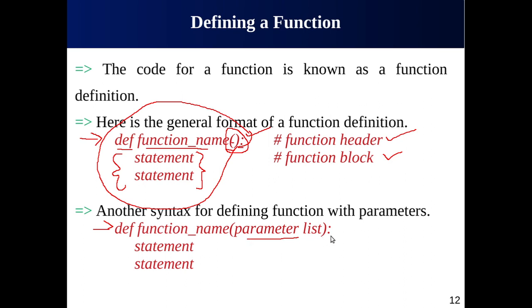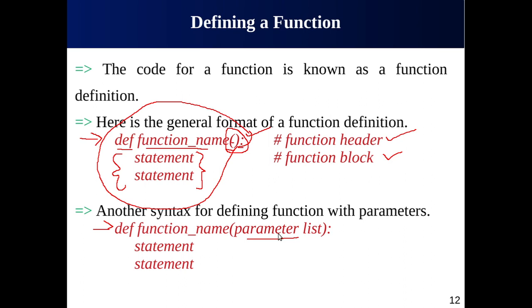A function has a name which uniquely identifies it, as in the case of a variable. A function can optionally have a list of parameters. What is a parameter? The variables that we write inside these parentheses are known as parameters. And this allows data to be passed into the function. And we will see how we can pass data to a function in a moment.